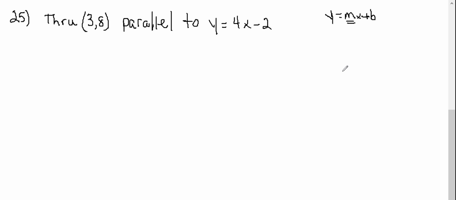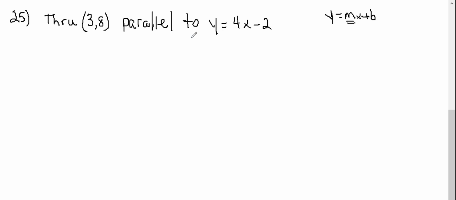If I've got the line that's going through 3, 8, and it's parallel to y equals 4x minus 2, as we recall, lines that have the same slope are parallel lines.